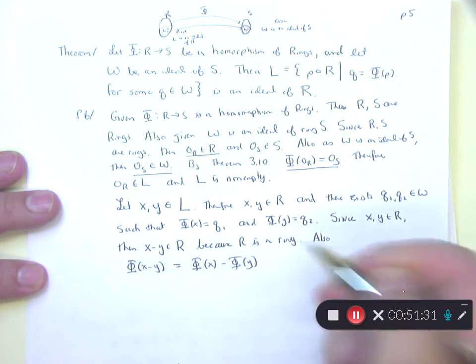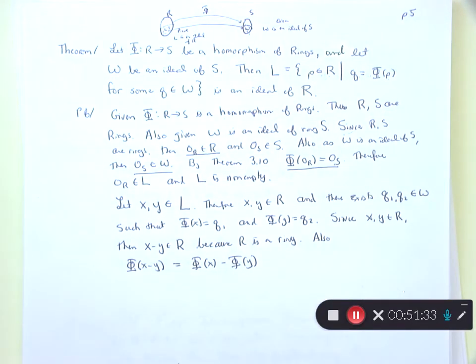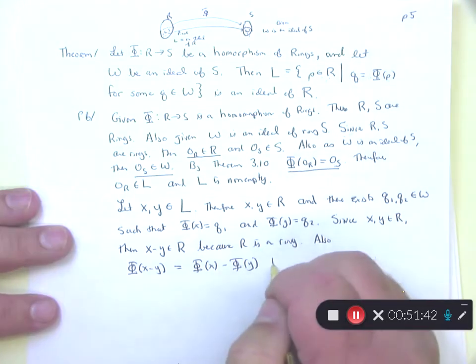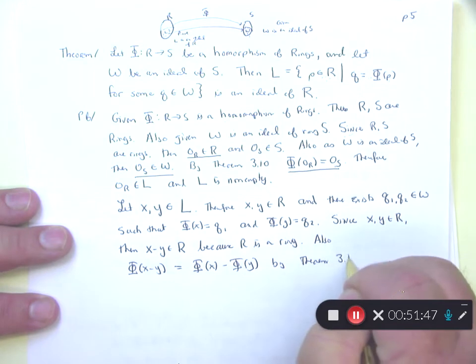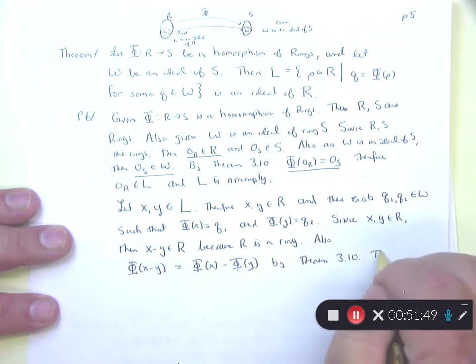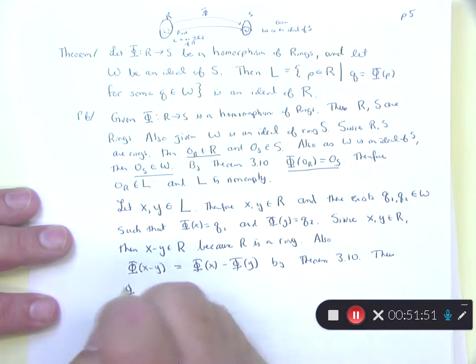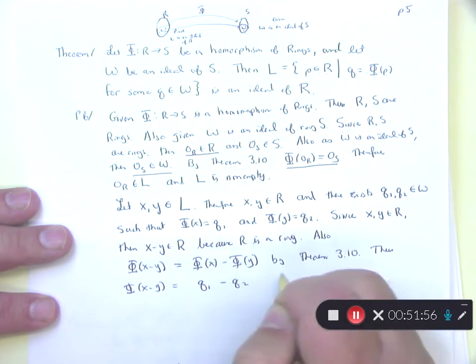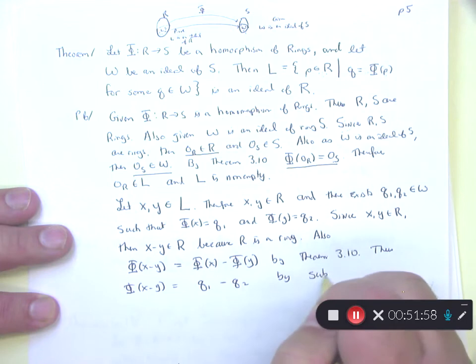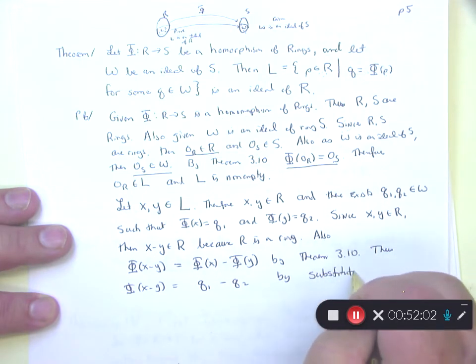And I want to remind you, why is that? That is not the definition of homomorphism. The definition of homomorphism deals with plus and times. This is subtraction. That was a special theorem, Theorem 3.10. Thus, phi of x minus y is equal to q1 minus q2 by substitution. Okay?